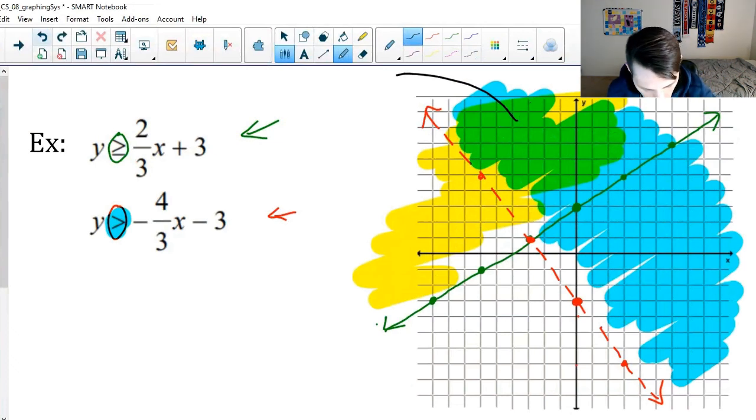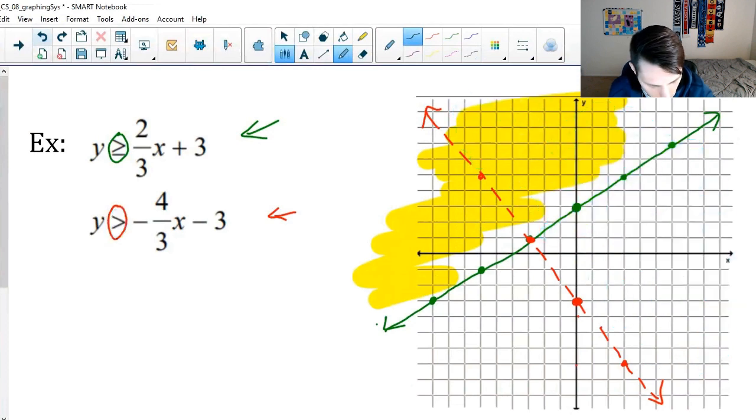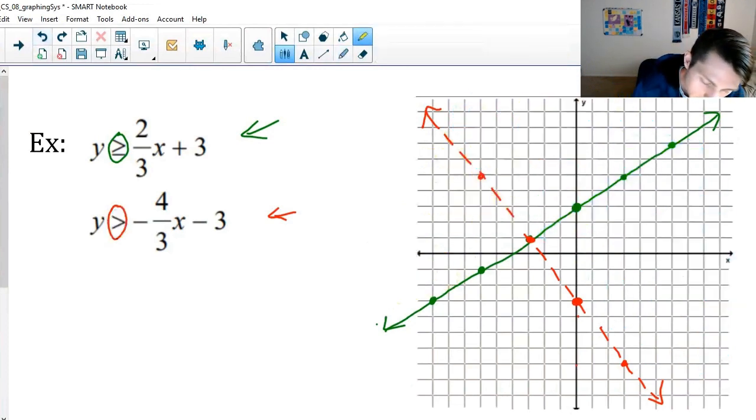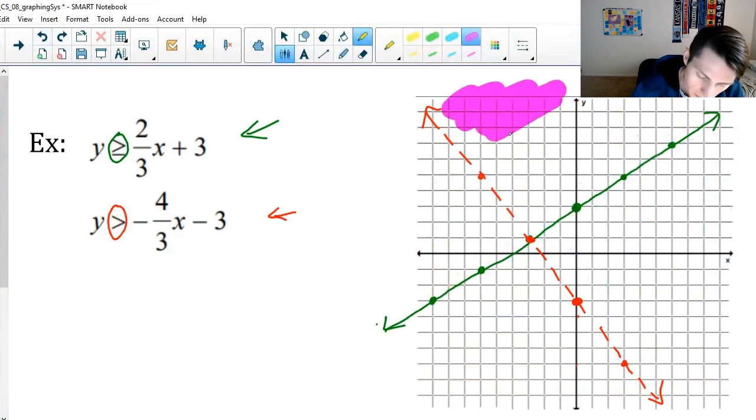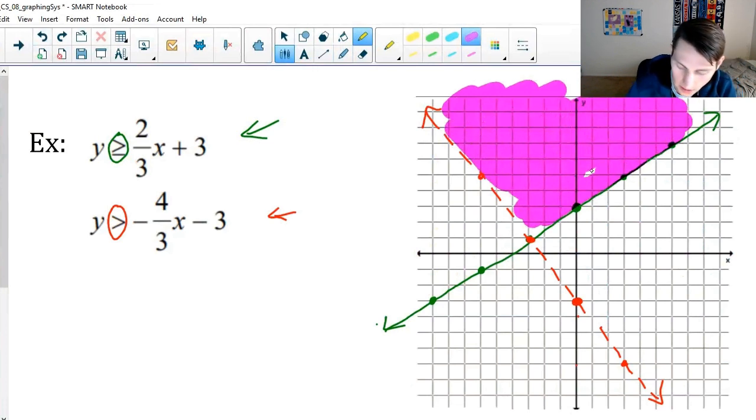So let me actually fix this. So actually, the way I want to shade this graph is just by shading this area right here, because it's the only area that's above, greater than both lines.